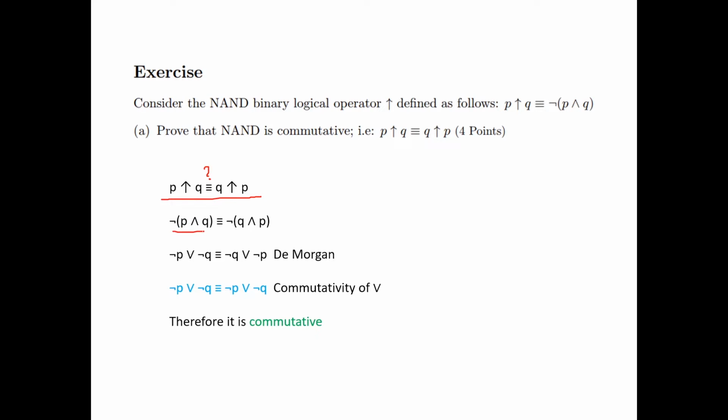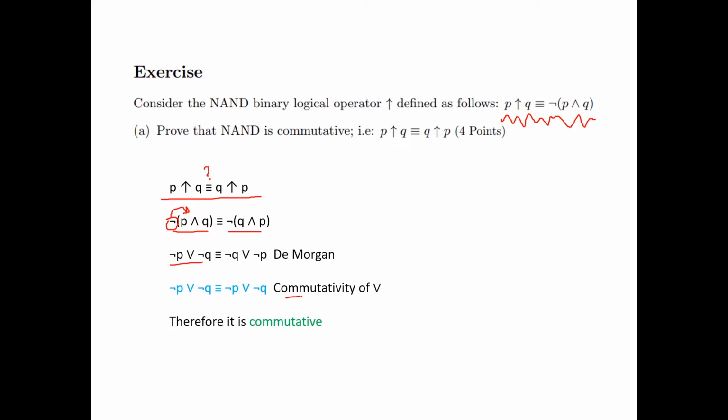What does it mean? This and this. We're just copying, pasting the definition. Step 3, De Morgan's law. So it's kind of like the not, we're going to be inserting it here. So not P or not Q. Same thing here, not Q or not P.